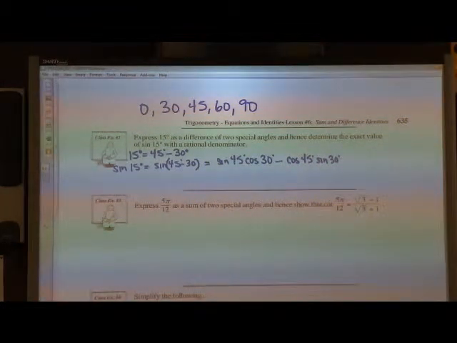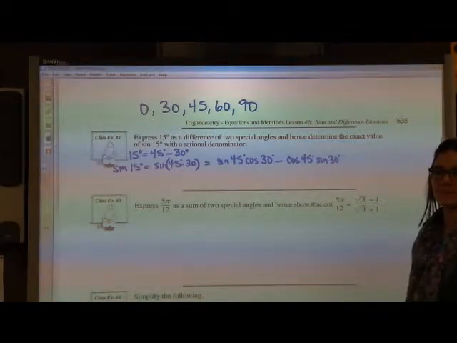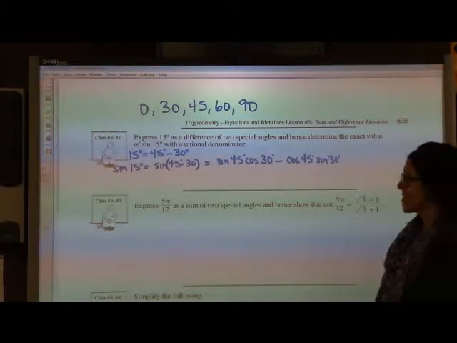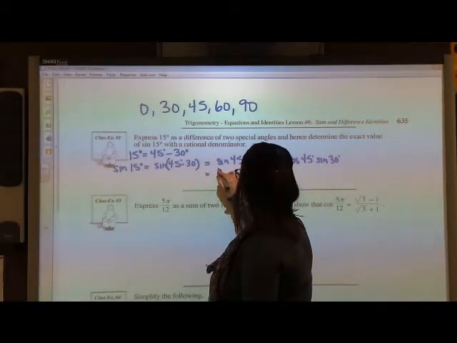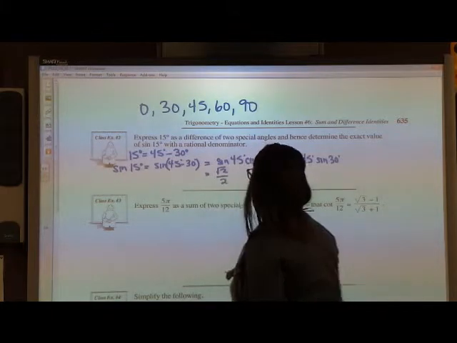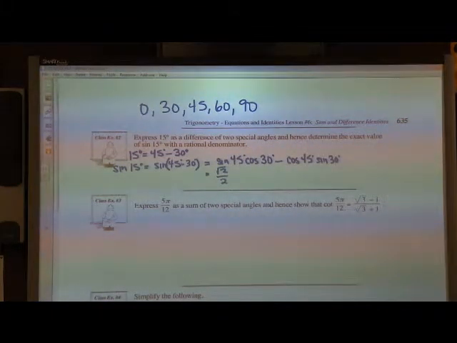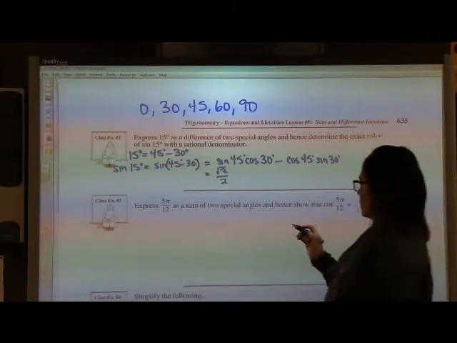Now, what is the exact value of sine 45? Root 2 over 2. What about cos 30? Root 3 over 2, right?